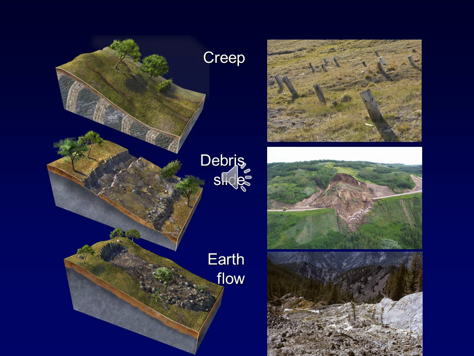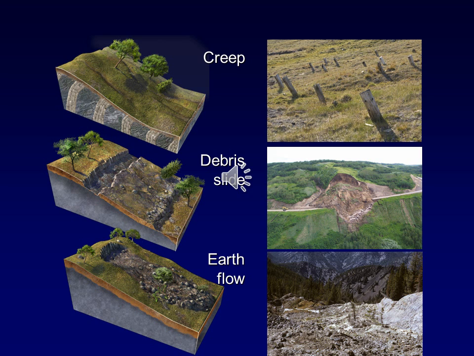These are examples of slope failure that involve flow as their mechanism of movement. The first one that I mentioned before is creep. The speed is very slow. It's a continuous movement in weak materials. It occurs mostly on slopes at varying rates, but usually slow and fairly steady. The next one down is a debris slide.